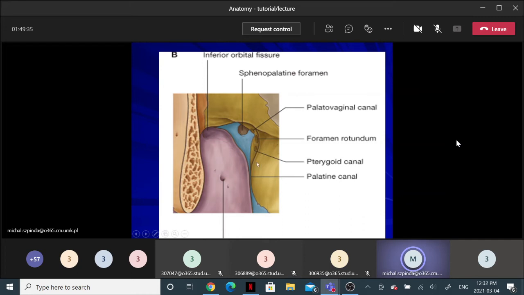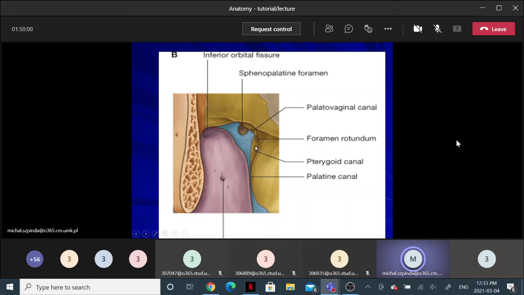On the posterior wall of the pterygopalatine fossa, just below the foramen rotundum, the lowermost opening refers to the pterygoid canal or Vidian canal.